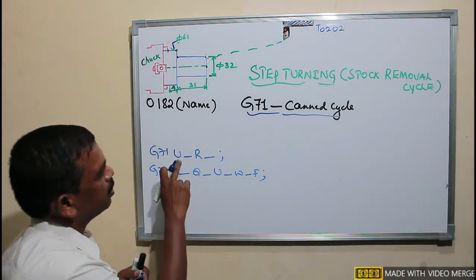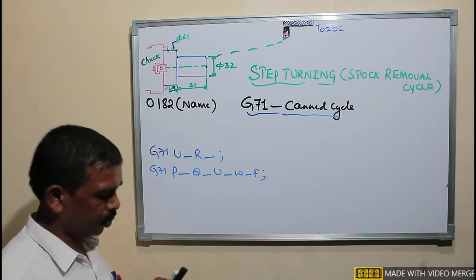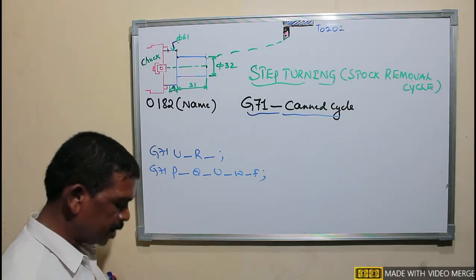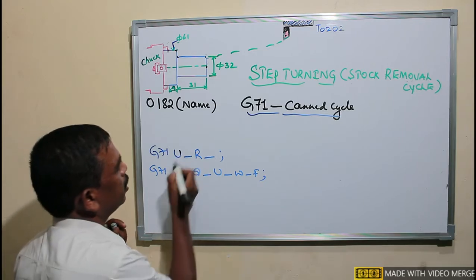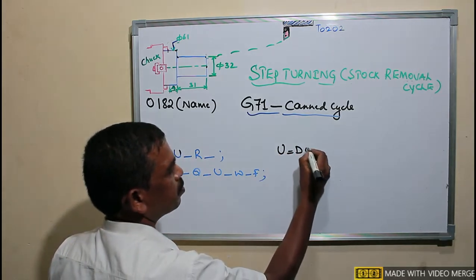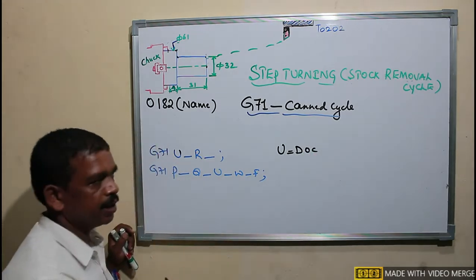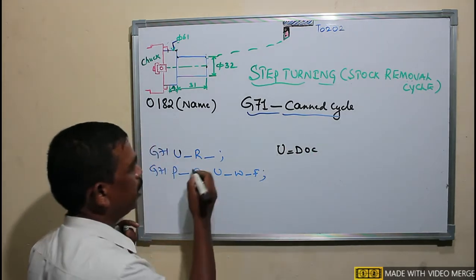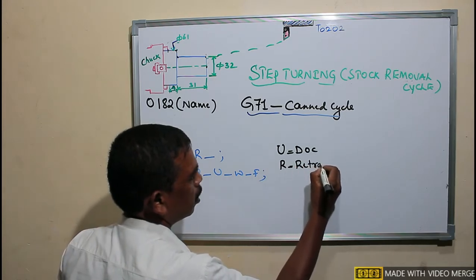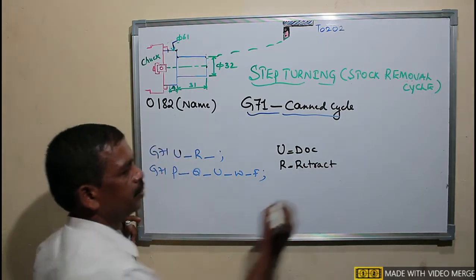So what is the meaning of this U R P Q U W and F? Let me explain. This U is for depth of cut along the x-axis, and R is for the retract value.